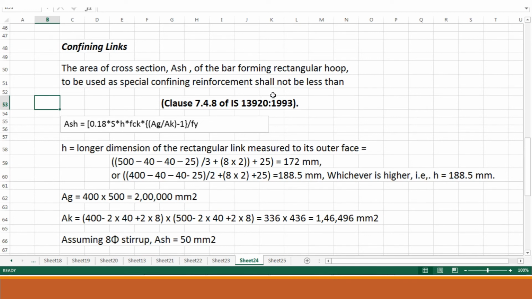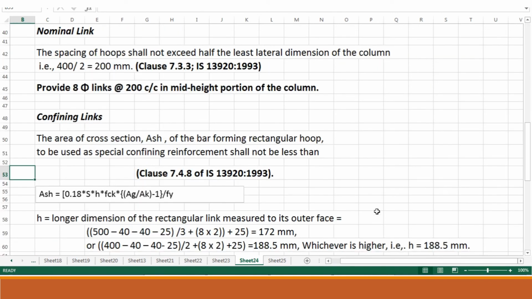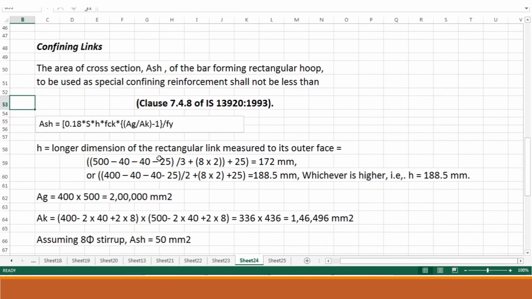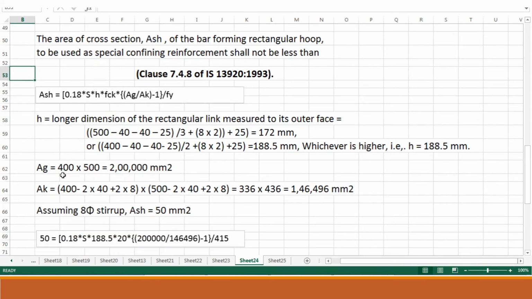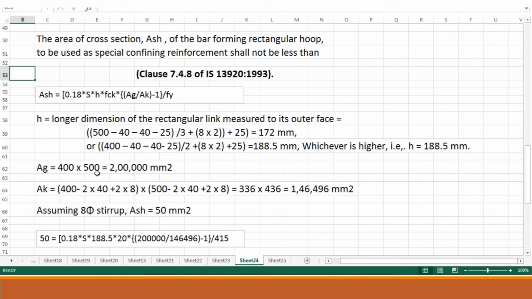H is the longer direction of the rectangular hoop measured to its outer face, and this value is 500 minus 440, that's the value of h, and this is the value of Ag in this calculation.